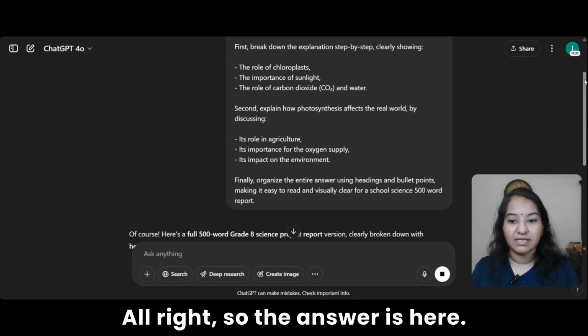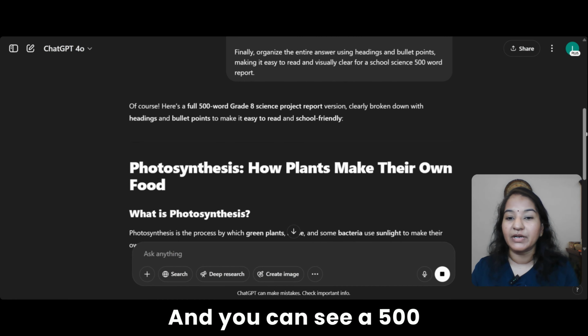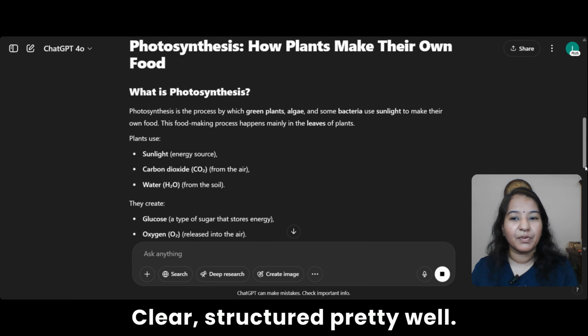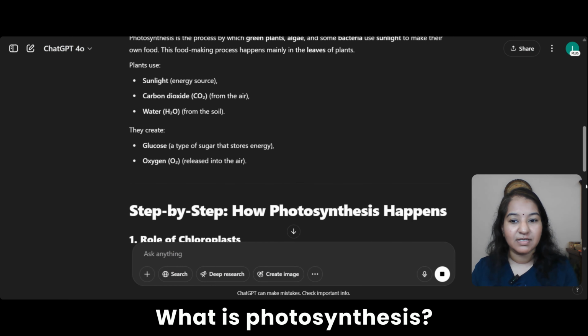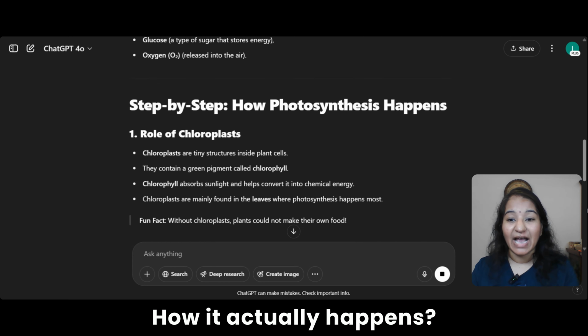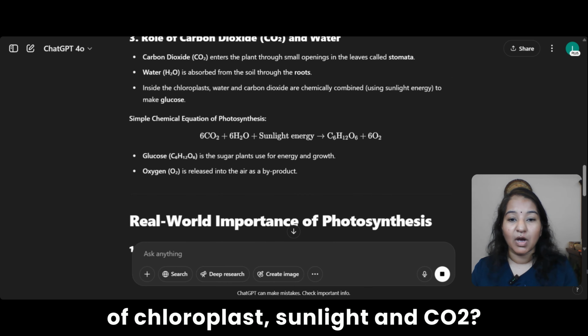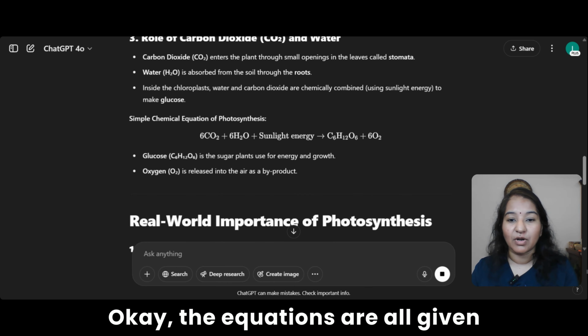All right, so the answer is here, and you can see a 500 word grade 8 report, clear and structured pretty well. What is photosynthesis? How does it actually happen? What is the role of chloroplast, sunlight, and CO2? Okay, the equations are all given.